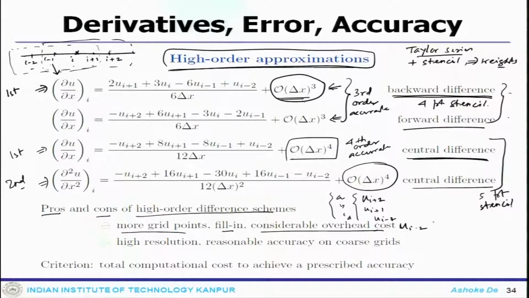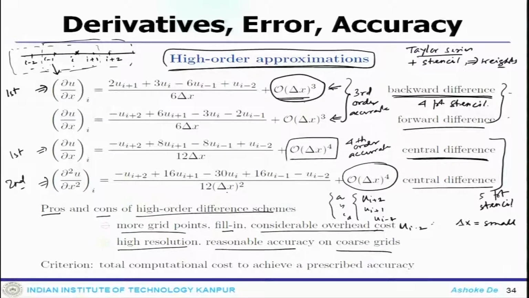So, every time instant the number of floating point calculations would be higher, but the advantage is high resolution. Even if it is reasonably accurate on a coarse grid, because a few minutes back we were talking about the discretization error or the truncation error, and one way to reduce it is to make delta x small.